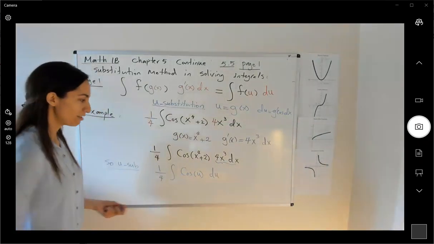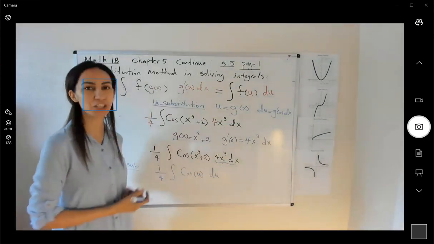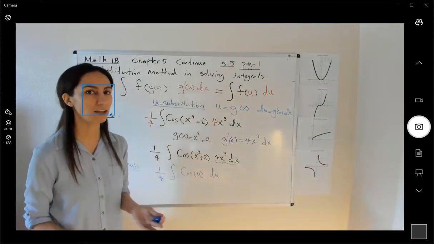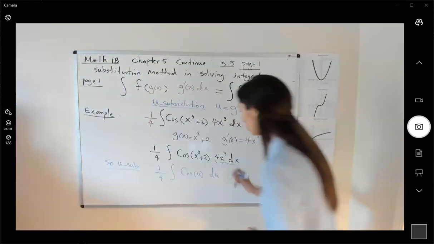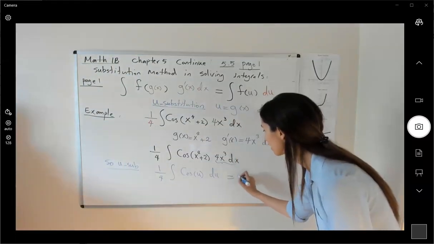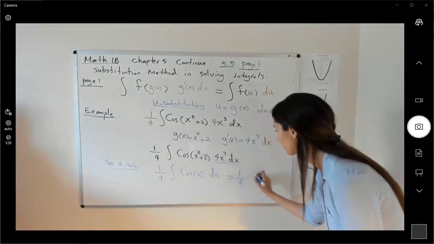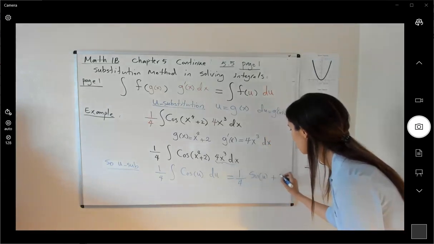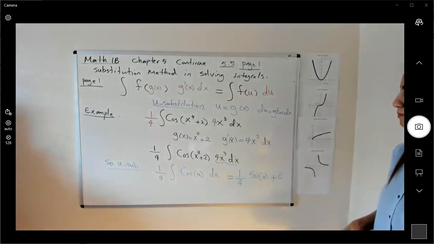Very well. We have a nice integral, and we already know that the integral of cosine is nothing but sine. We already know that. This is 1 over 4 sine u plus constant of integration.